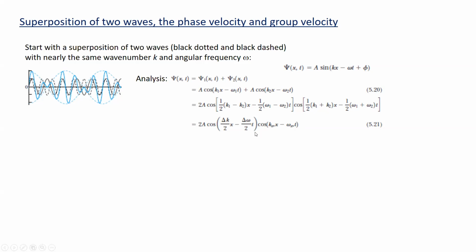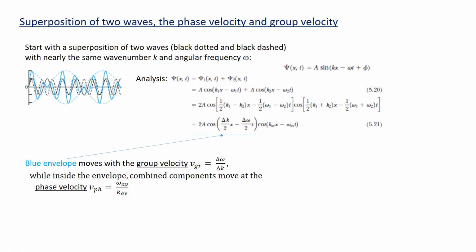So this looks just like, if we think of this first term underlined here as an overall amplitude, it looks like something times cosine of k x minus omega t, where k average is close to k1 and k2, okay?